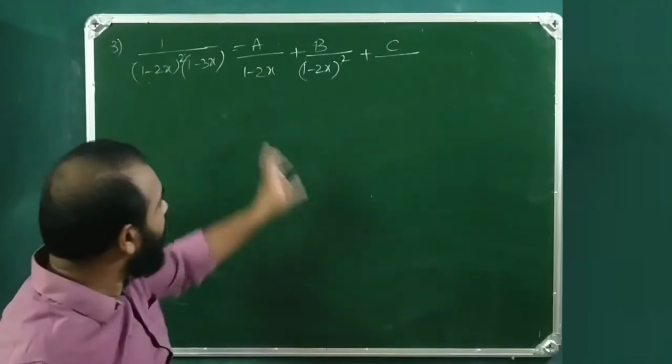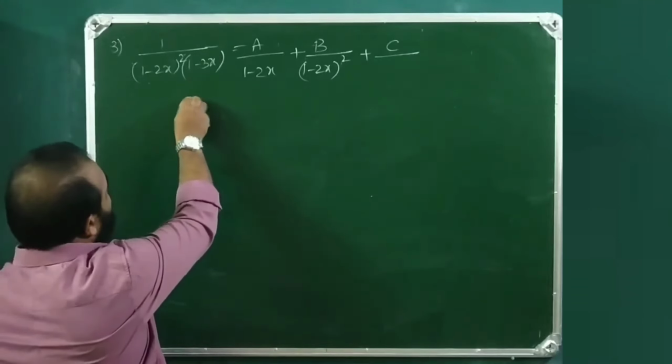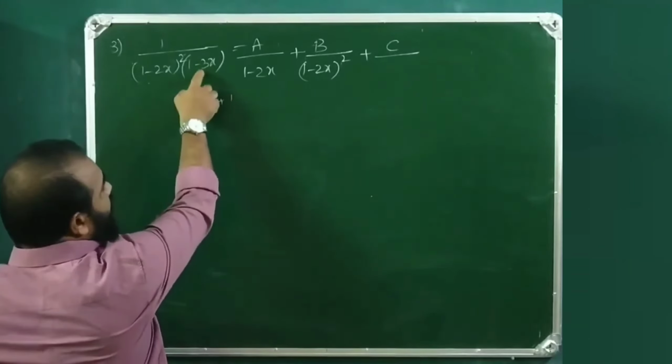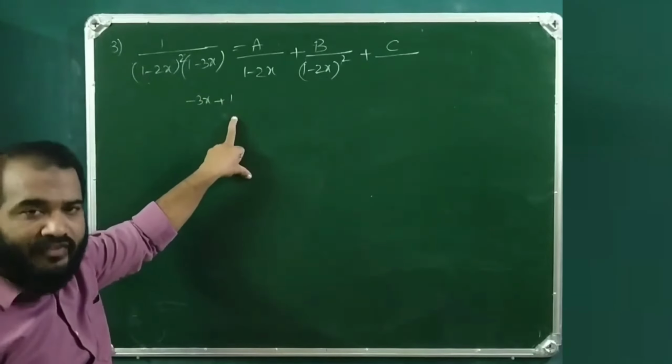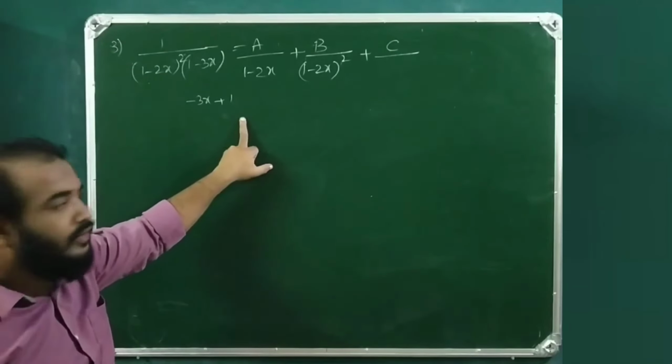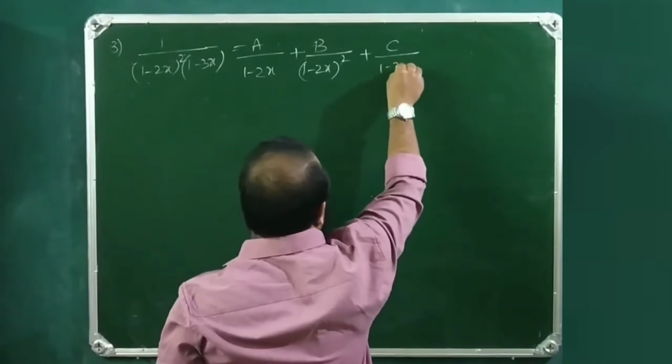Since a, b are used, here it is of the form ax plus b only. Both are of the standard linear factor form, ax plus b. So this is equal to c by (1 minus 3x).